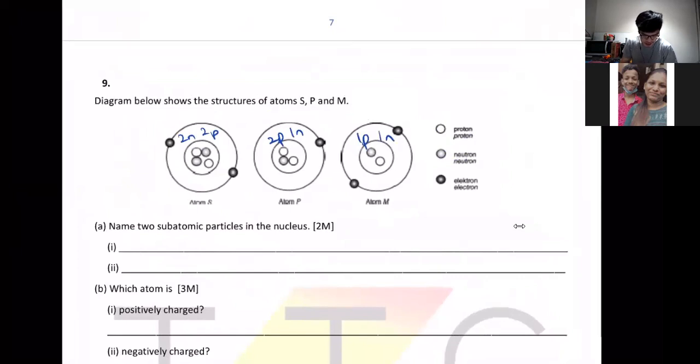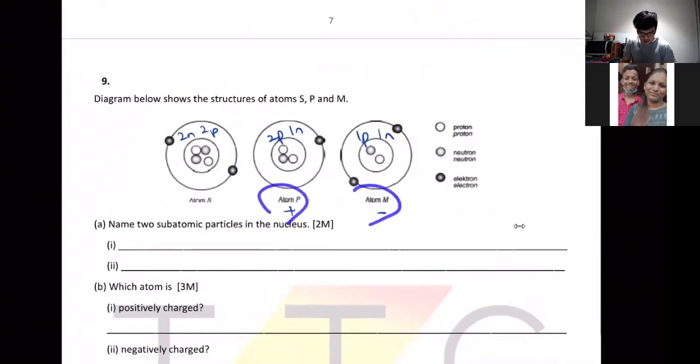So you see, this is 2 proton, 2 electron. So this is neutral. This atom should be neutral. This one, 2 proton, 1 electron, so this guy should be positive. This one, 1 proton, 2 electron, this guy should be negative. So these two should be ion. They should not be atom.